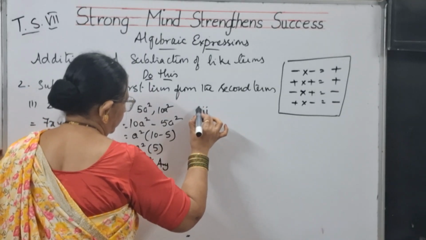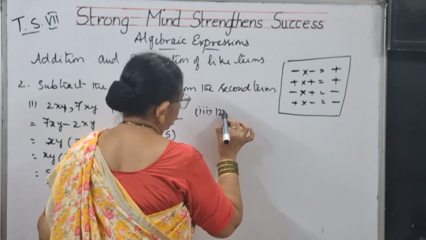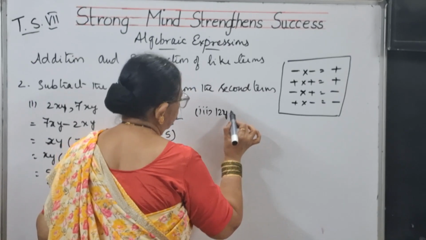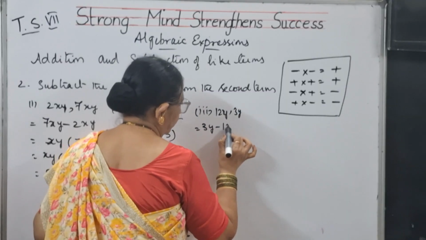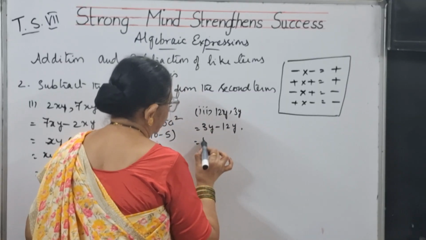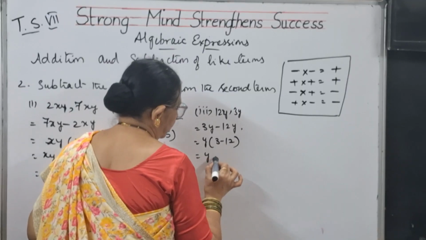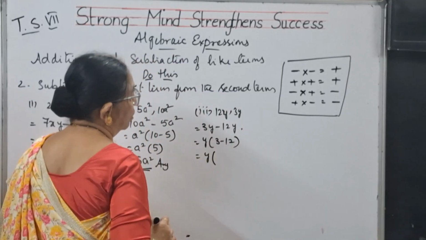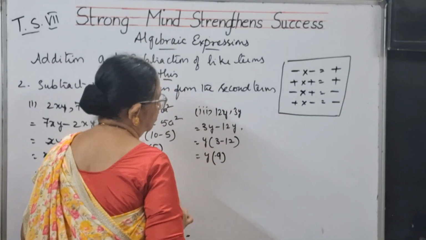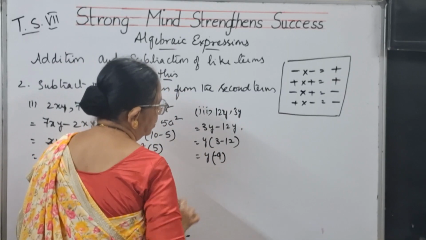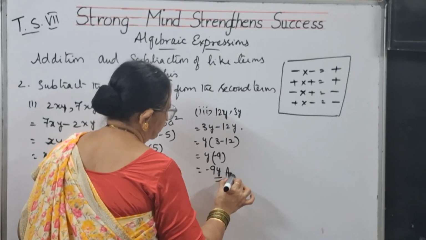And let us see the third bit. 12y and 3y. So second bit 3y minus first one 12y. So in this common is y. 3 minus 12, that is y into minus how much you are getting? 9. Minus 9 it is, because the bigger number is having minus, so minus 9. So minus 9y is the answer.